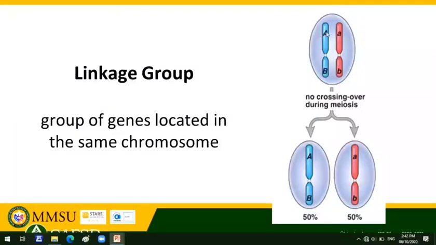If dominant gene A and recessive gene B are inherited in this one, then there is no linkage. That is not a linkage group because the dominant gene A and the recessive gene B are located on different chromosomes. What we call a linkage group is a group of genes located in the same chromosome. So I hope I have made myself clear.